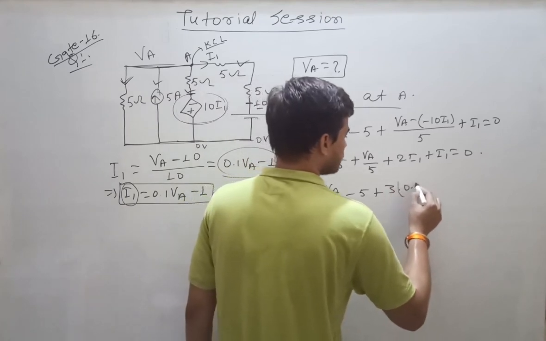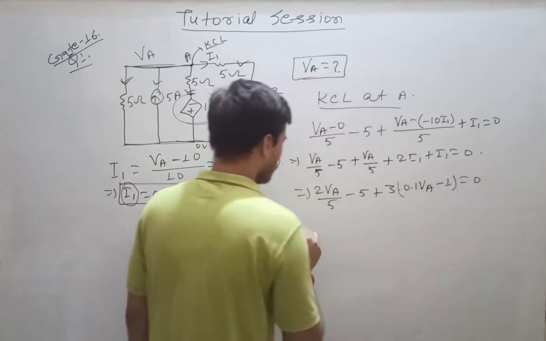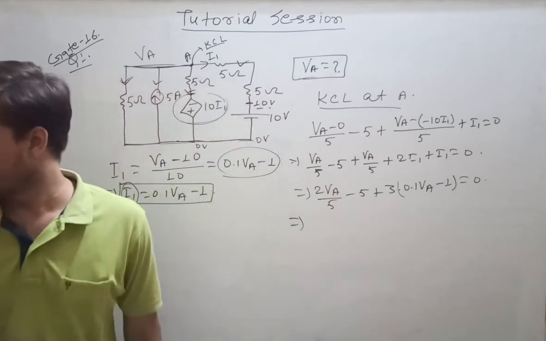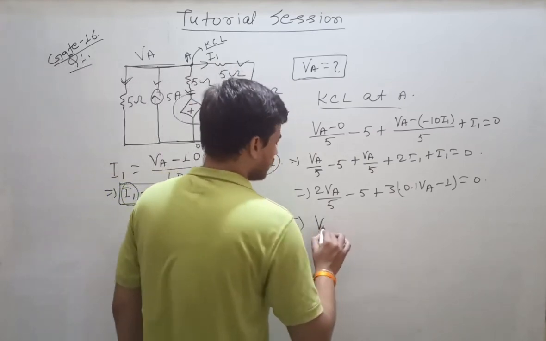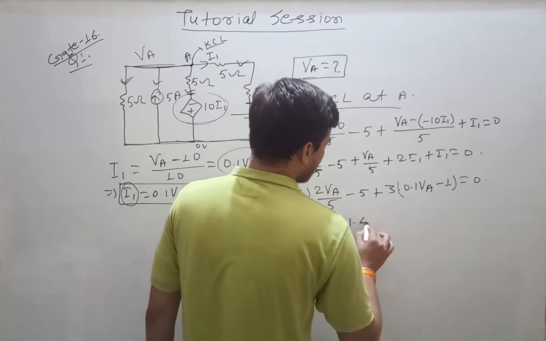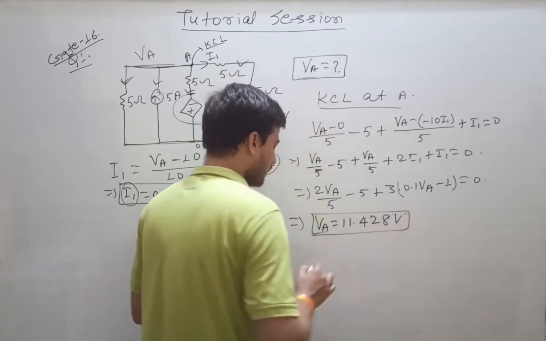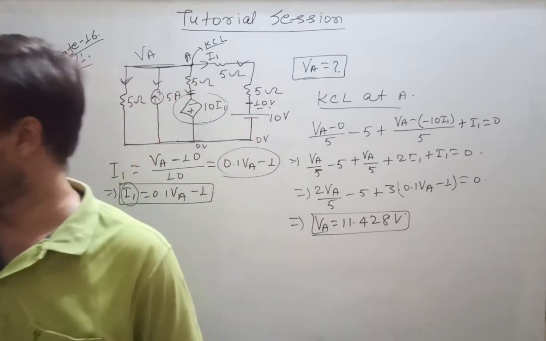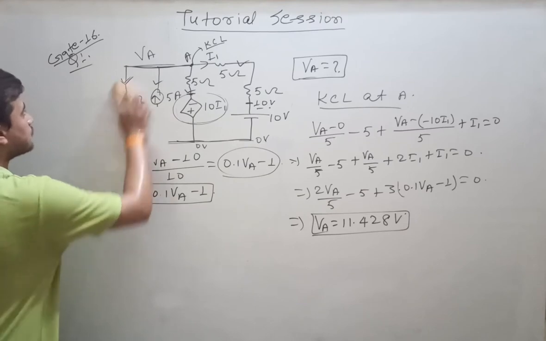So 0.1 VA minus 1 will be equal to 0. From here if you solve you will get VA equal to 11.428 volt. VA is equal to 11.428 volt.